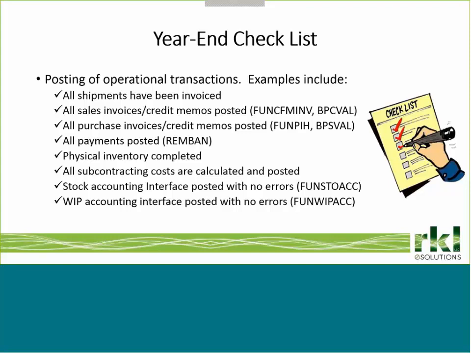So there's two, the stock accounting interface, a lot of clients have that running with recurring tasks. If you're running that as a recurring task, it may be erroring out due to, like, rounding issues, which are very common. So you'll want to run the stock accounting interface manually and just make sure there's no errors there so that you can make sure that everything is posted. Same thing with the WIP accounting interface. Just make sure that you run it manually and clean up any errors that might generate.